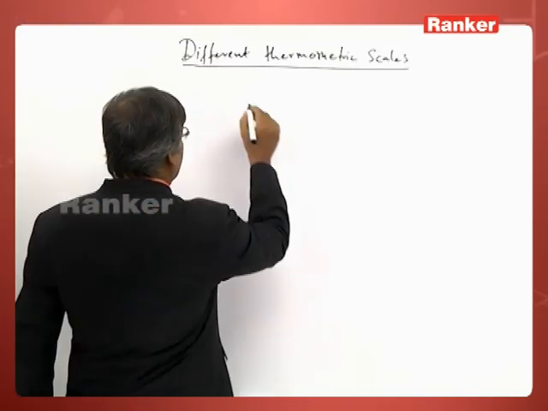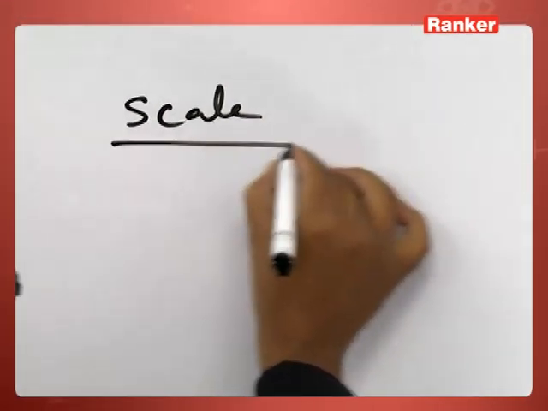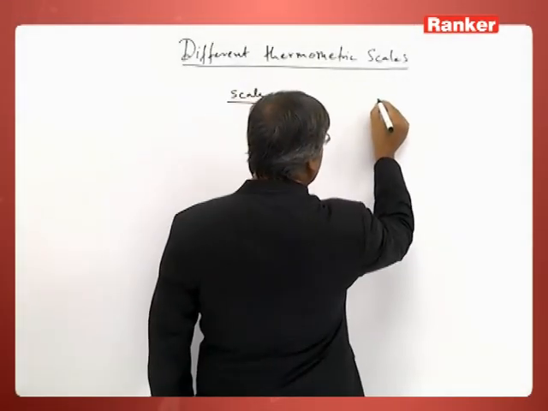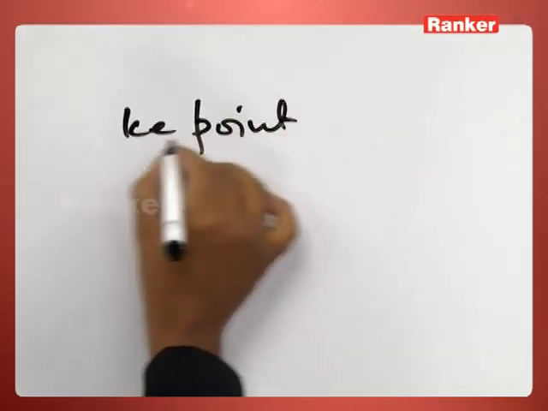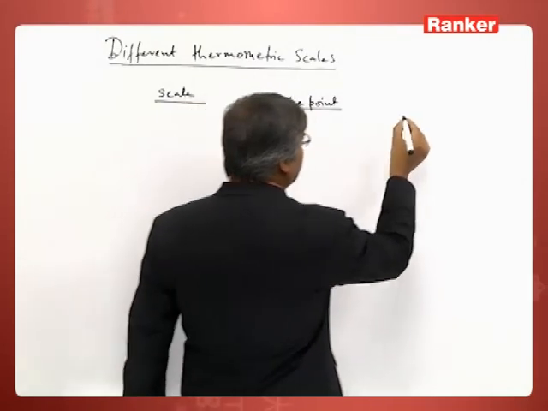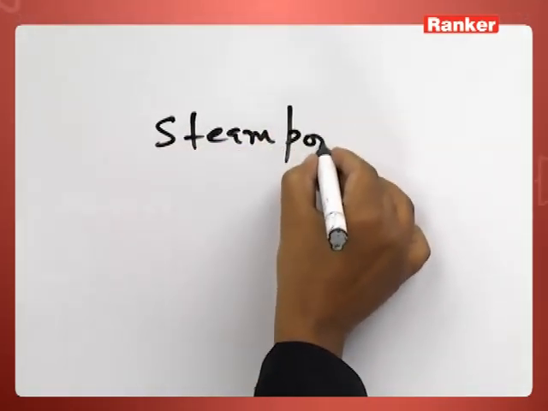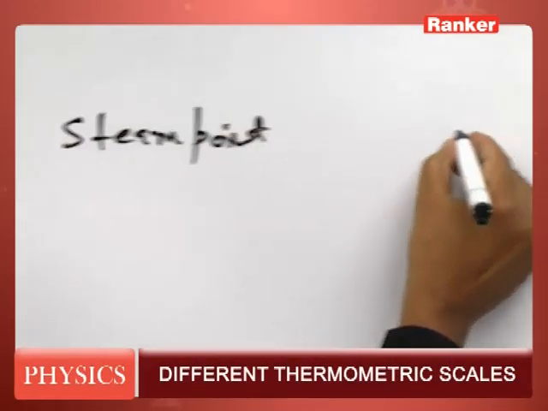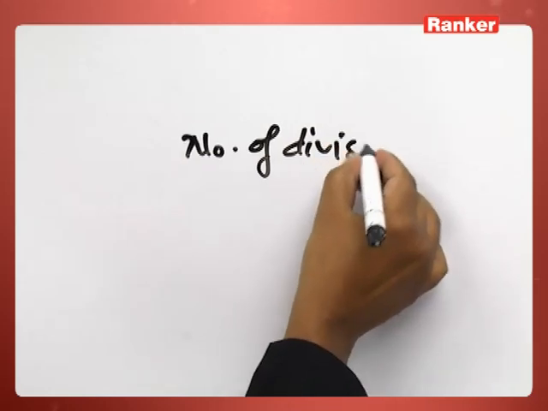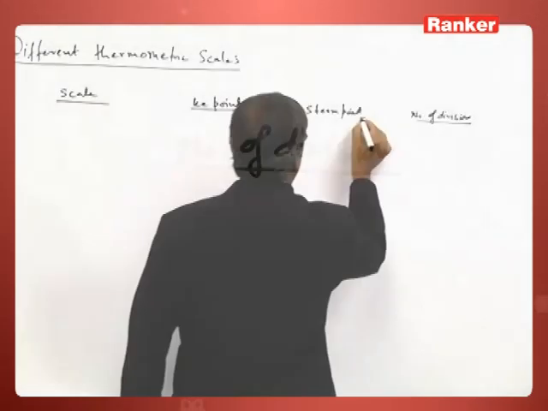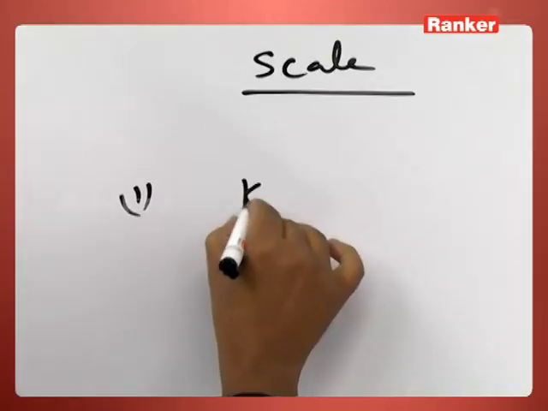So suppose here I am writing the different scale names. Here is the ice point value for that scale, this is the steam point for that scale, and then the number of divisions. Number 1, suppose I say Kelvin scale.